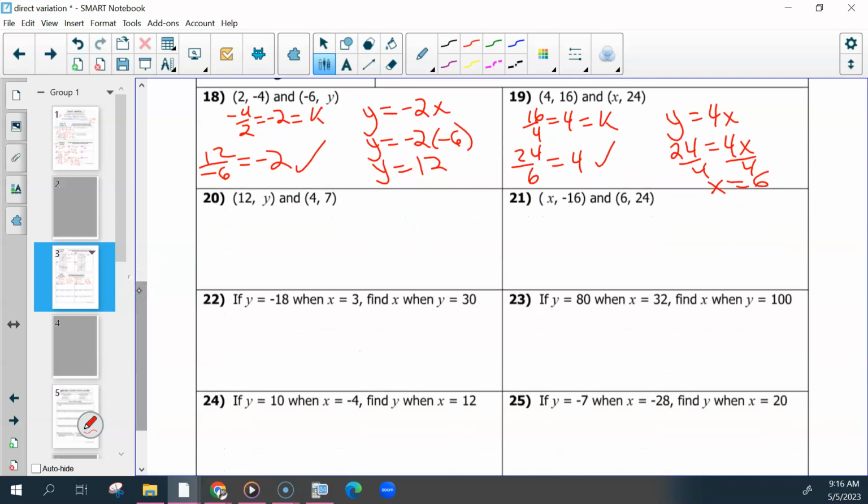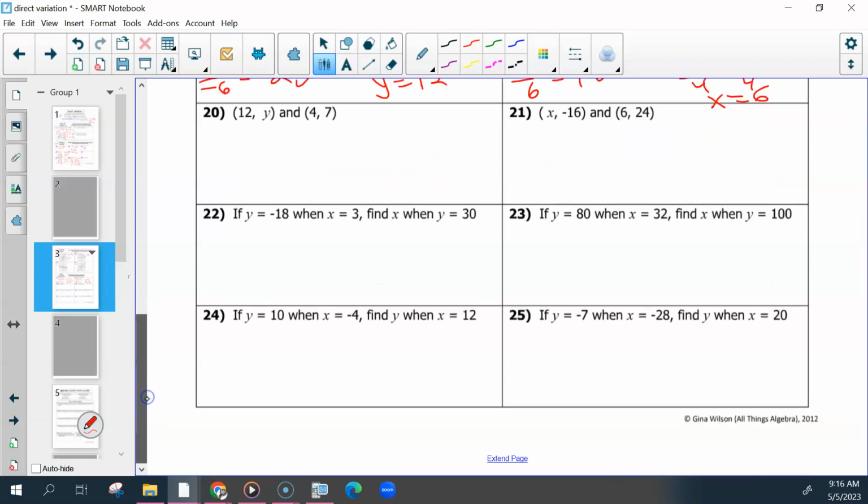Okay. 22 through 25 are the same type of problems, but they have more words. So let's do 22 first. This would be like your first ordered pair. So go ahead and divide that. Make sure you're paying attention to which one's x, which one's y. Sometimes they switch. What would that equation be?